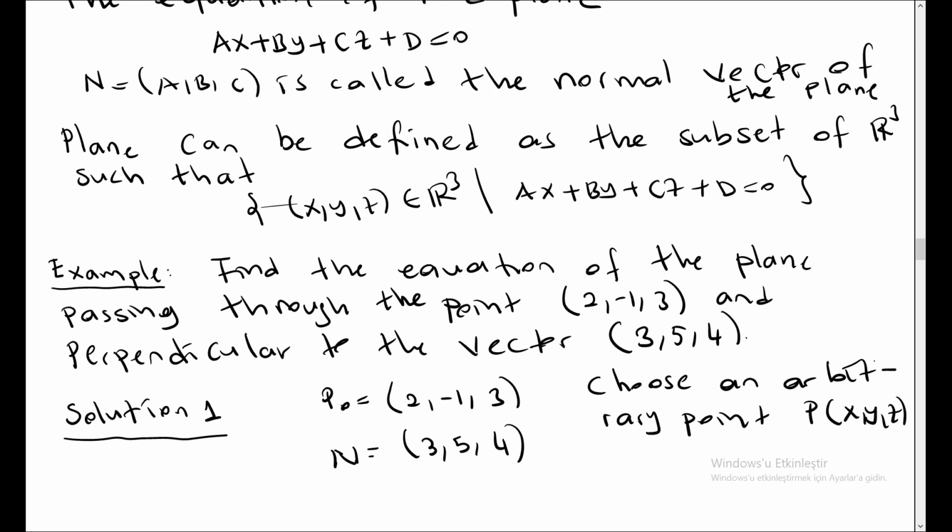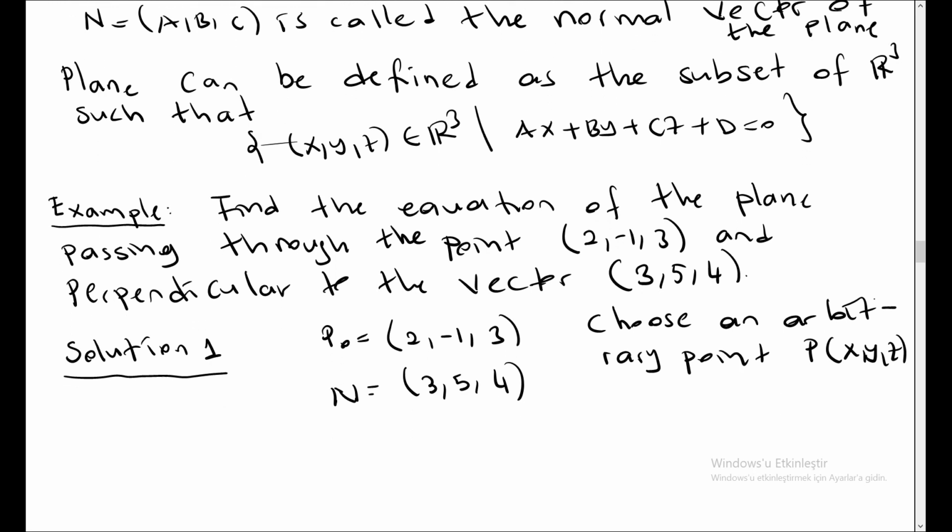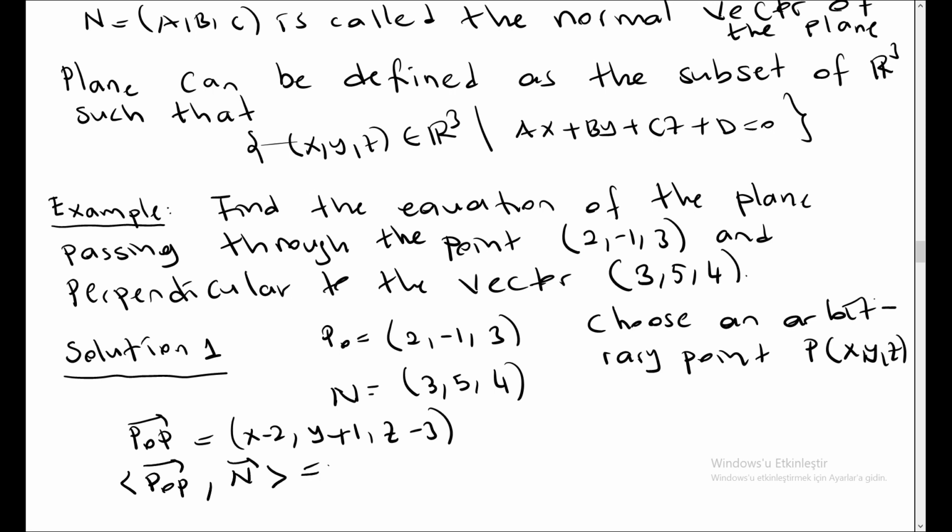So then, as we did in the above equation, P sub 0 P is (x minus 2, y plus 1, z minus 3). Then the inner product of P sub 0 P and n will be 0.